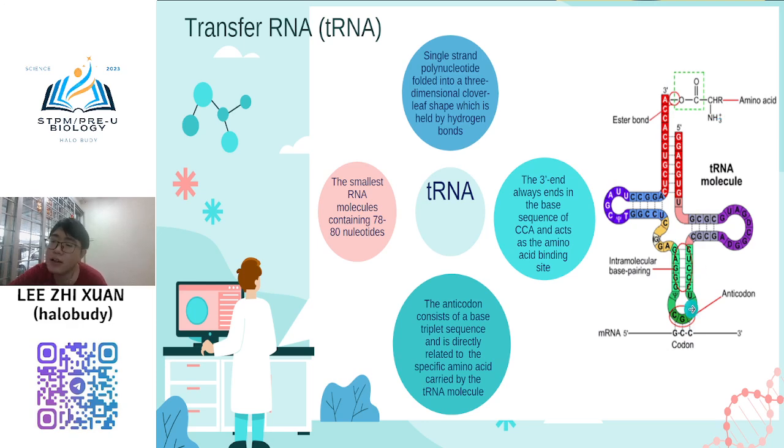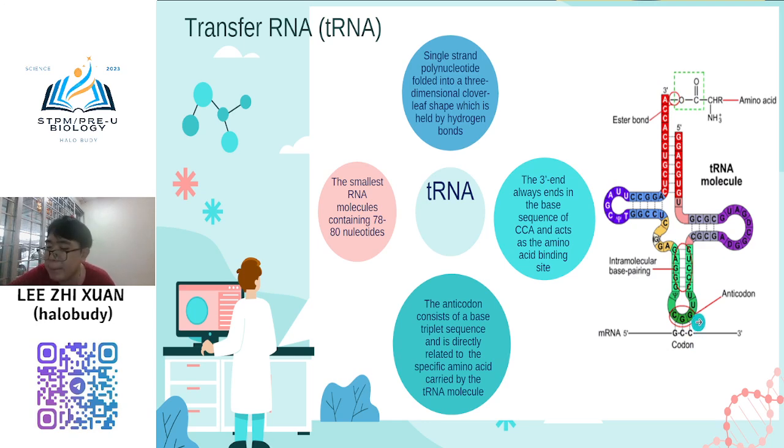Like methionine. Maybe CGG is methionine. For example, CGG is glycine. Okay, so only glycine can join this. Other types of amino acid like aspartic acid, tryptophan, or lysine cannot join. Only glycine can join.